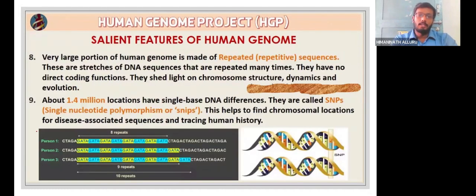And here itself we need to tell the children about single nucleotide polymorphism, or SNPs. If the student understands here, the next topic, DNA fingerprinting, will be easier.